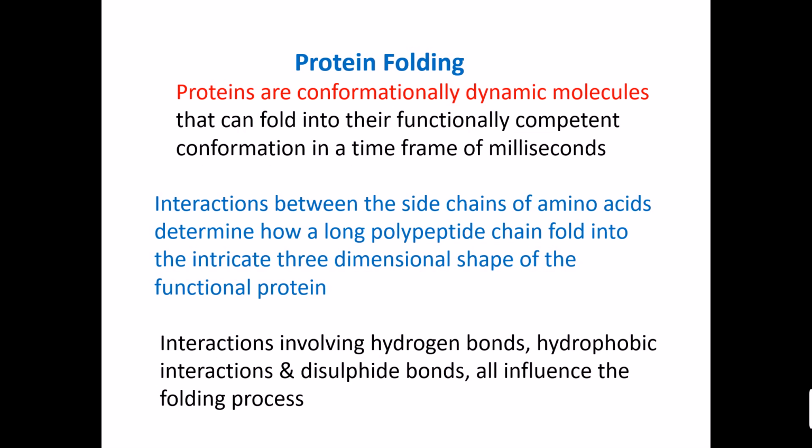That is the speed of their folding. So the interactions between the side chains of amino acids determine how a long polypeptide chain folds into the intricate three-dimensional shape of the functional protein. And these foldings are done by hydrogen bonds, hydrophobic interactions, and disulfide bonds.